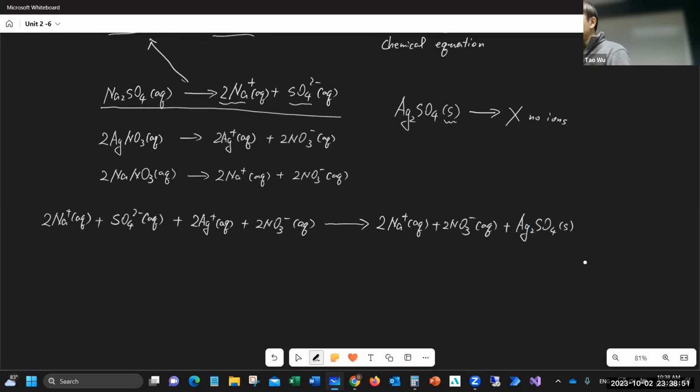Again, this is a solid, a precipitate. If it's a precipitate, then it is not an electrolyte, so we're not going to split it into ions. Only the ones that are soluble, in the aqueous phase, can be written as ions. So this is what happened in the solution. If you rewrite everything from the previous equation, this is what we have. And we call this a complete ionic equation.